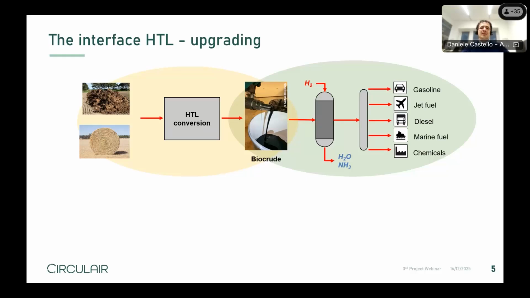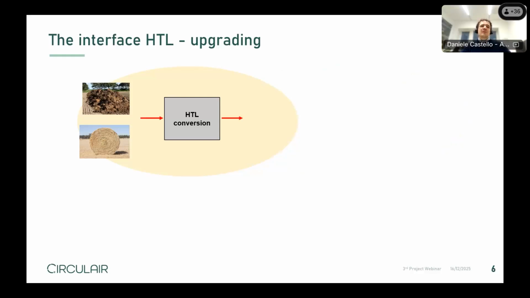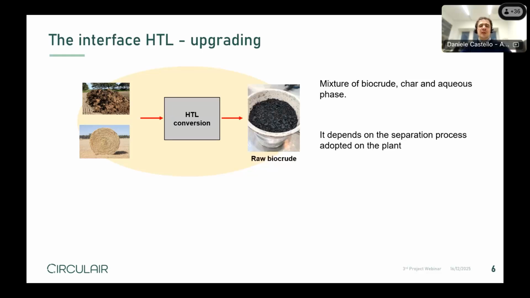However, the application in reality is not straightforward, in the sense that there are some challenges. First of all, the agricultural waste, when it undergoes HTL conversion, of course, will produce a biocrude, but this biocrude cannot immediately be utilized for the upgrading.